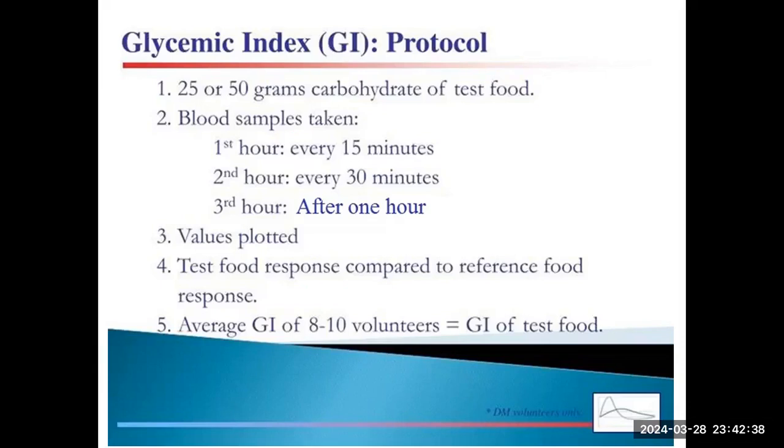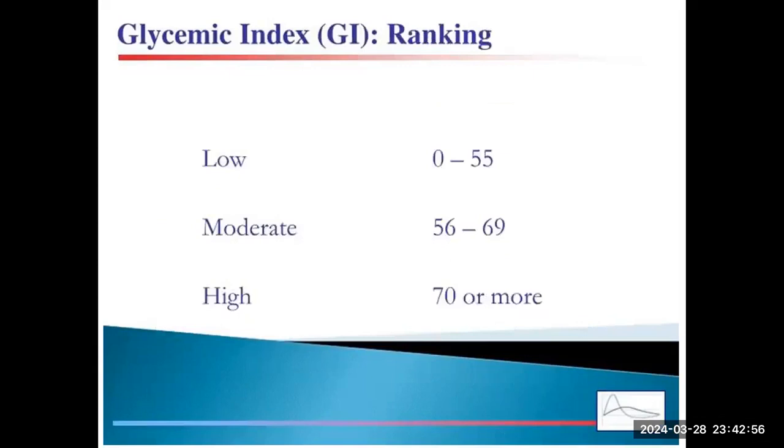Take the average from 8 to 10 volunteers, and the glycemic index of the test food tells you about this curve. These curves will come later on as well.